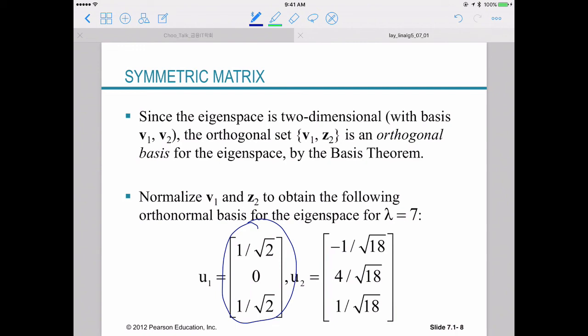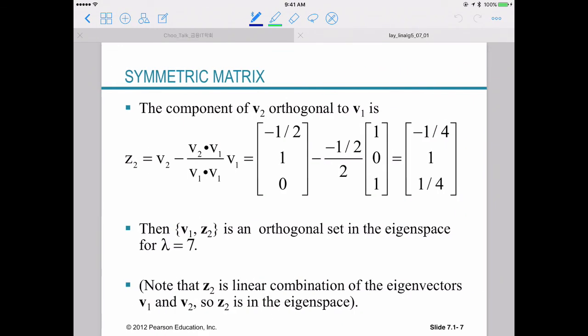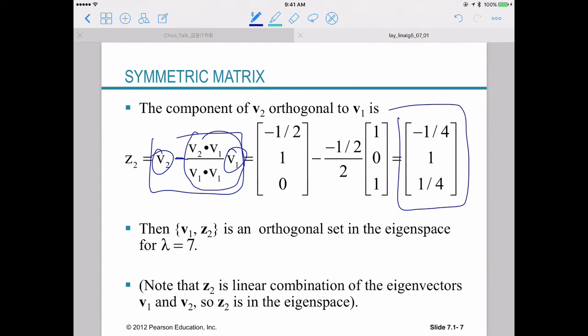Then we subtract from the second vector the orthogonal projection part onto this previous vector. We have a second vector, and using the first vector, we obtain this projection part, and then we remove it. We subtract it, and the resulting vector is this orthogonal vector.